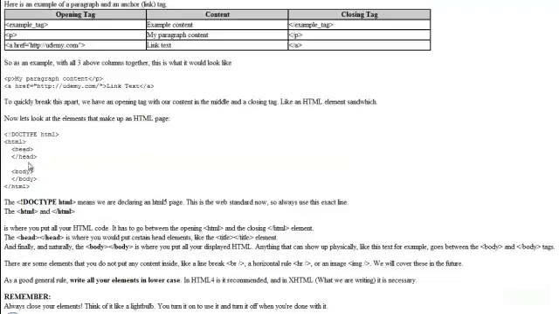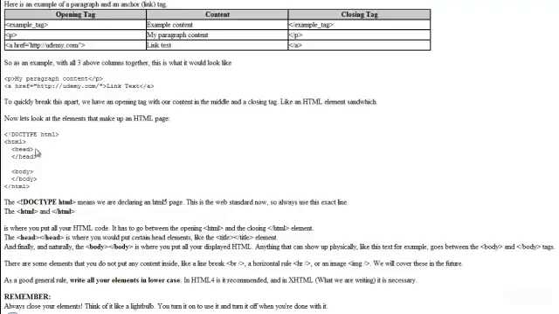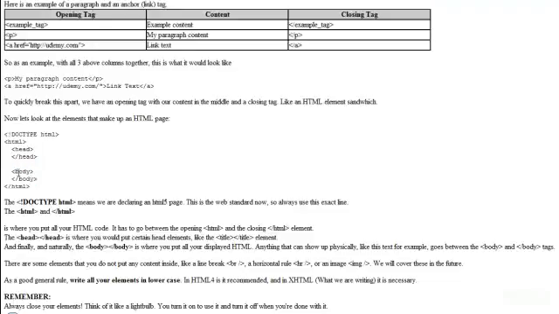So think of the head as your brain, and it holds all the smart details, everything that it needs to operate the body. And the body is where you put all your organs, or your abs, where you want everything to be displayed.